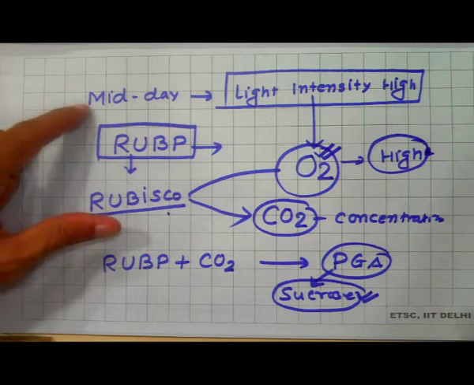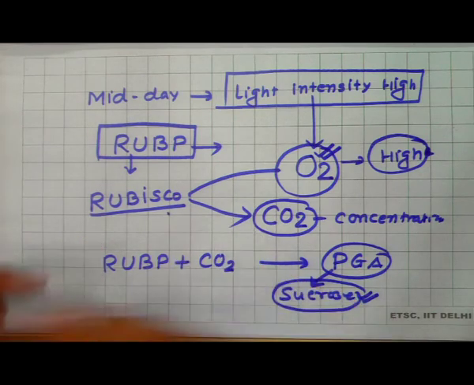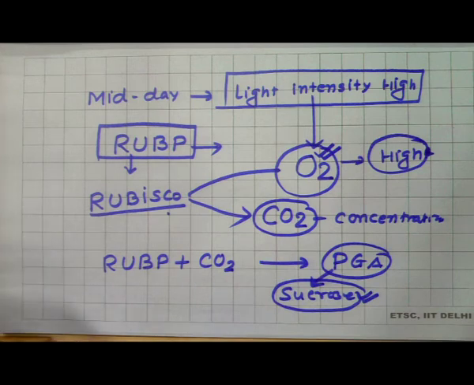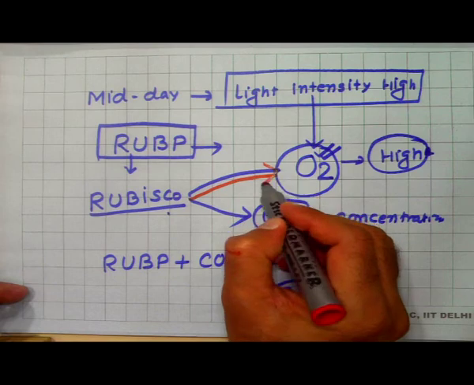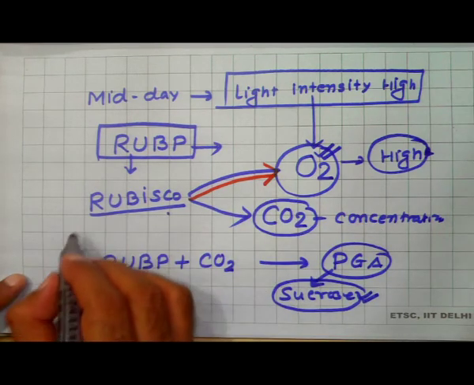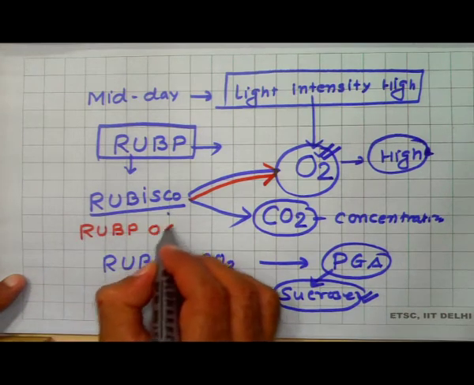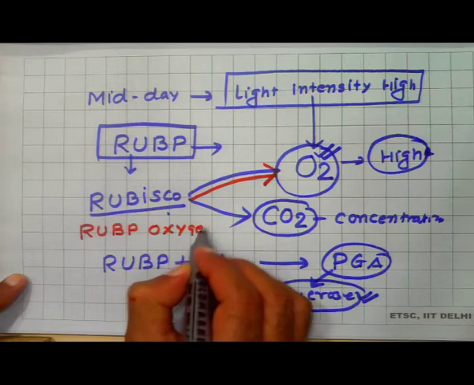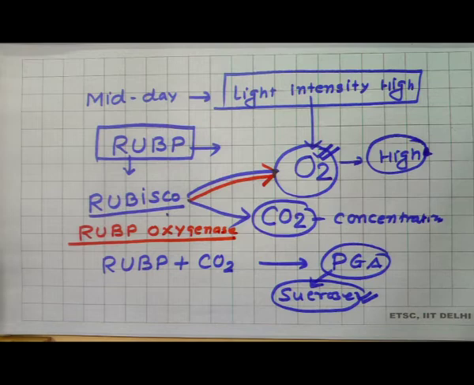But during this time Rubisco has a double role: it does not only accept carbon dioxide, it also combines with oxygen. So, the name has been changed to RUBP oxygenase. So, in this case what happened?